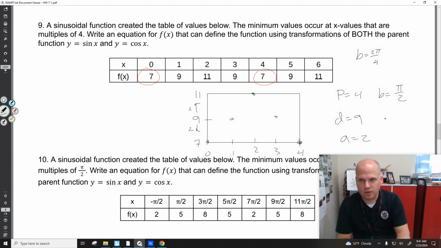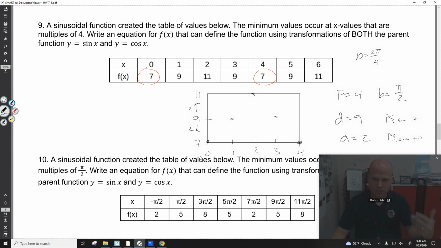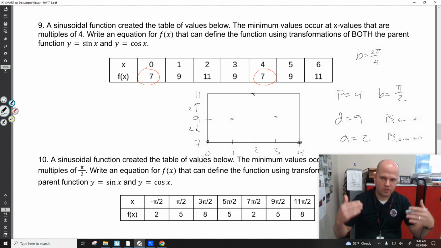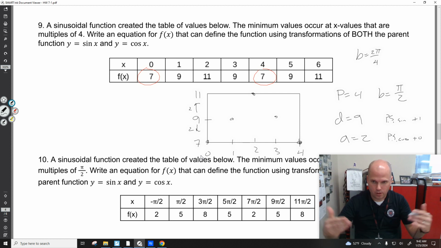The phase shift for sine is going to be over 1, which means C is going to be minus 1. The phase shift for cosine is going to be nothing. However, cosine has this vertical reflection because it's starting at a minimum. We know that the cosine of 0 is positive 1. We need the cosine of 0 to be negative 1, so vertically reflect. I keep saying the wrong words and I apologize.